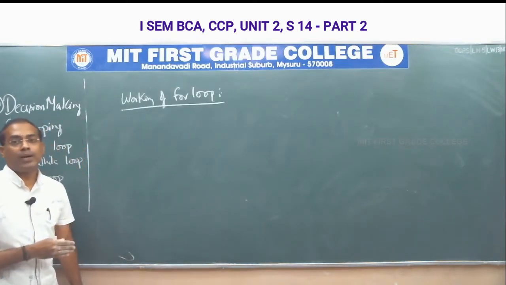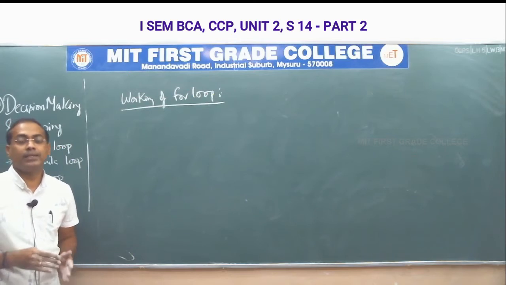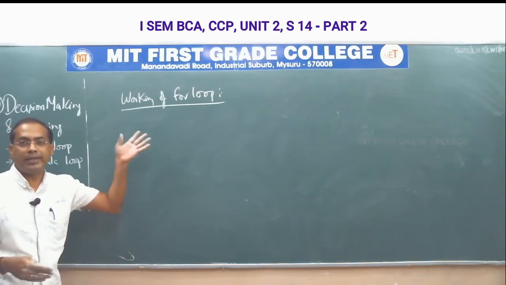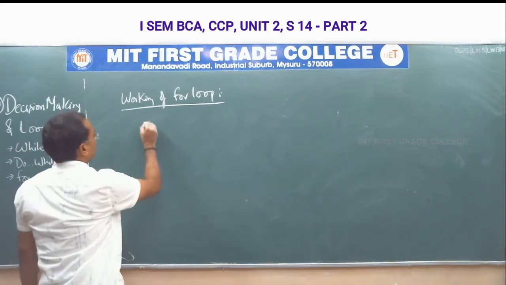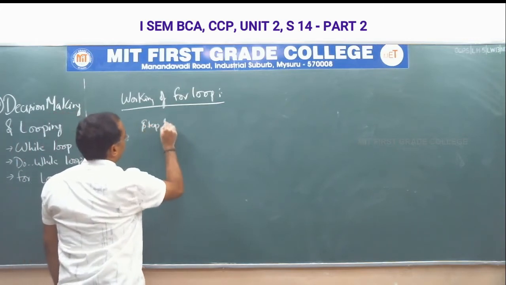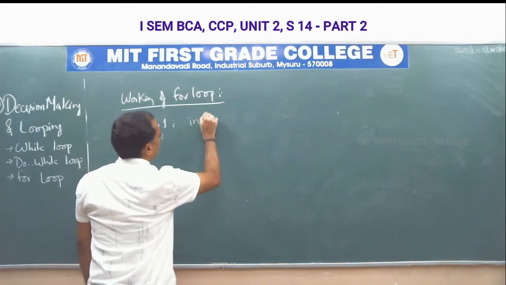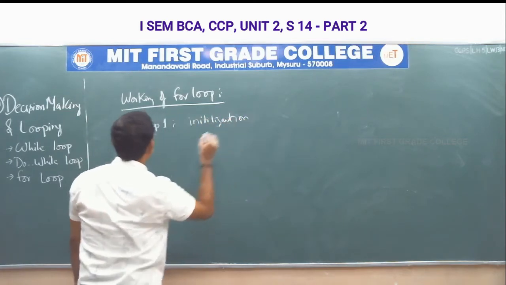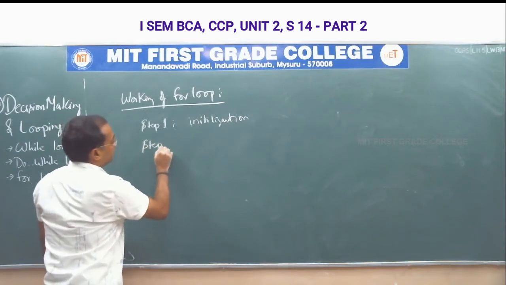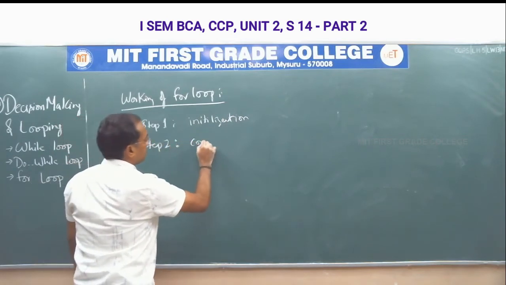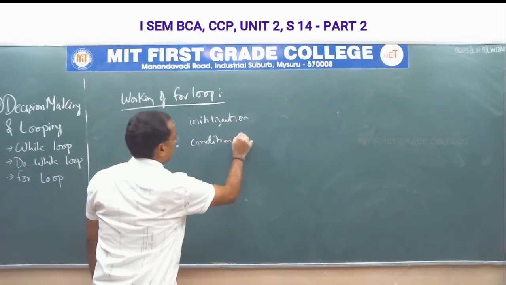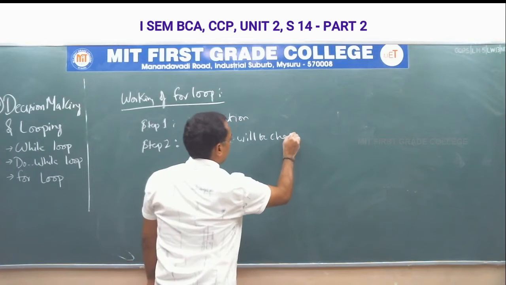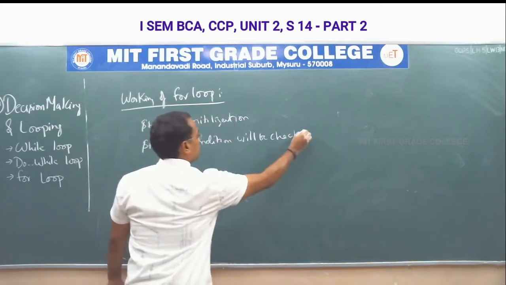Students, now I will explain how exactly the for loop works by writing something like an algorithm, like steps. Step 1, initialization. Step 2, the condition will be checked.